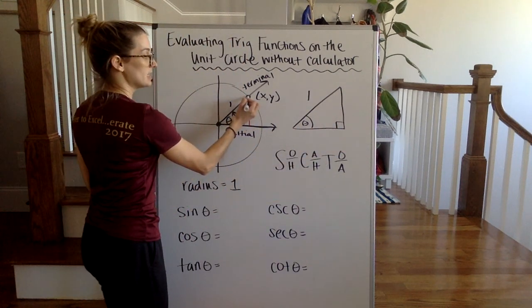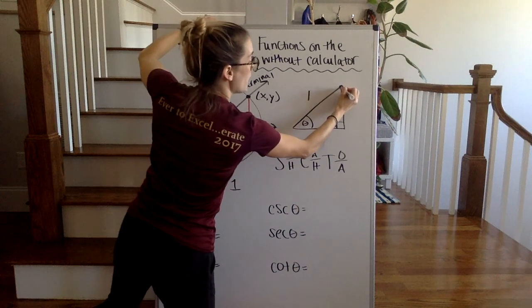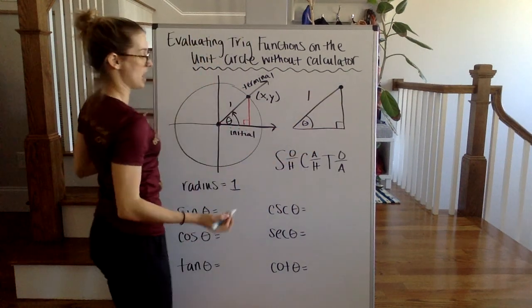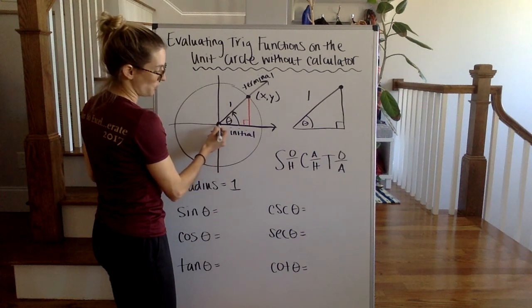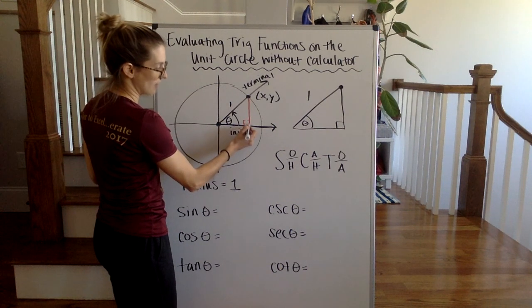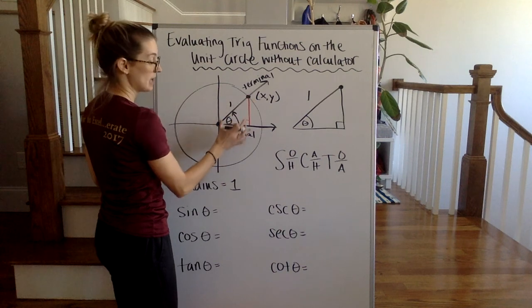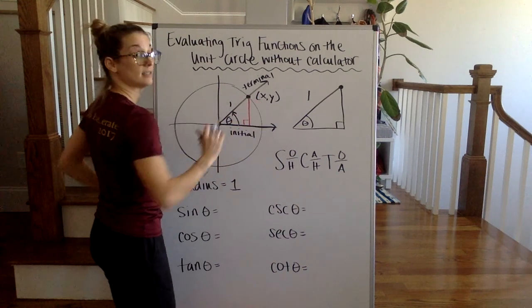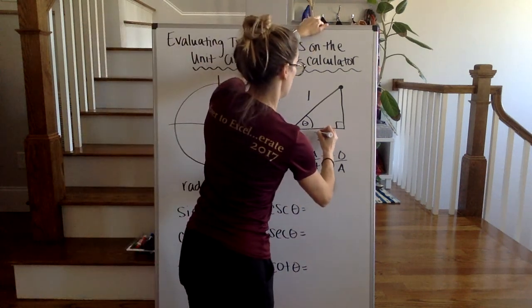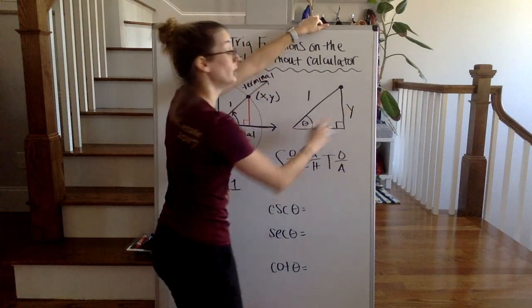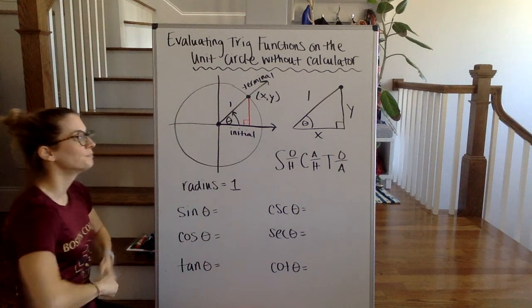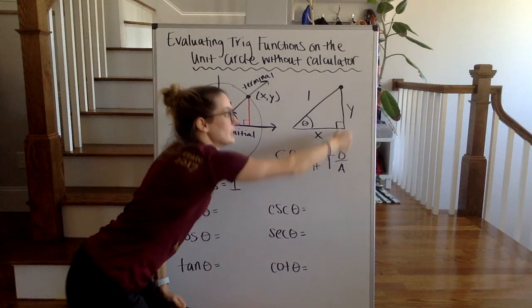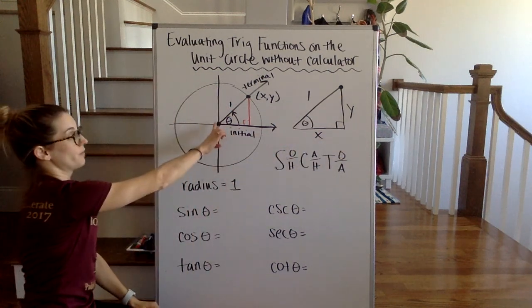In order to get to this point here, which corresponds to this point of the triangle, think about how we go from the origin to that point. I have to go over x amount of units and up y amount of units. This distance is x, this distance is y. Now as it stands on this triangle, I don't necessarily know the lengths of x and y, but I have representations for them. X being the horizontal distance, y being the vertical distance to go from the origin to that point.